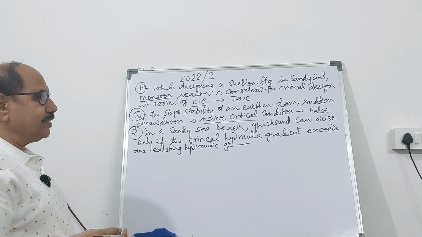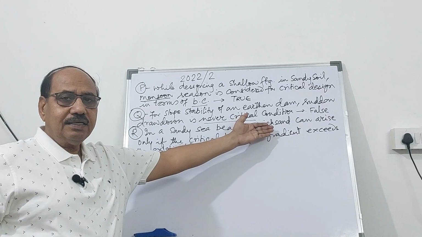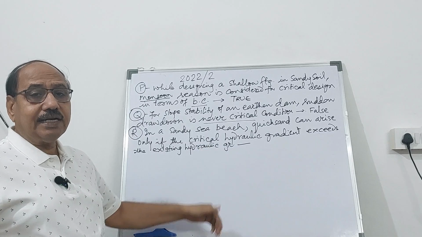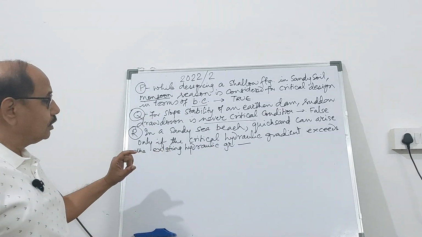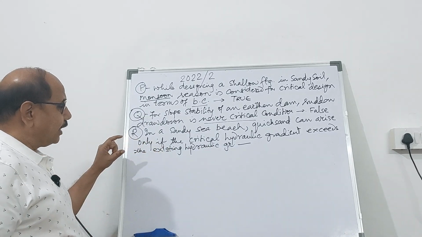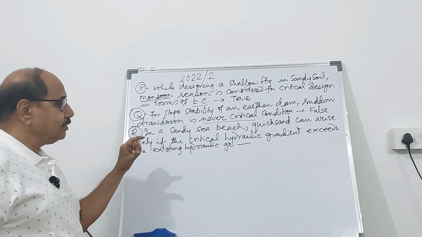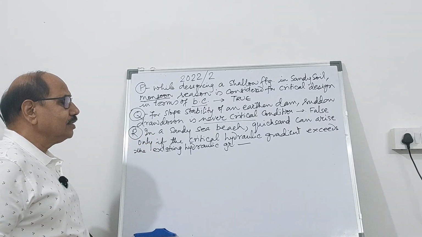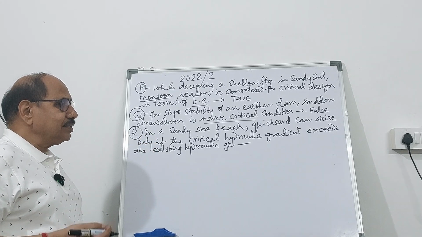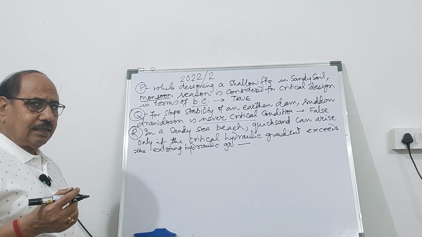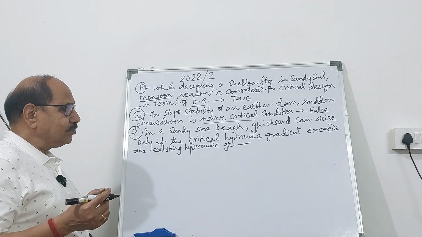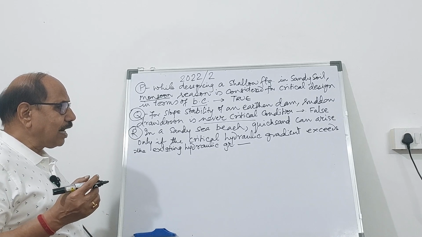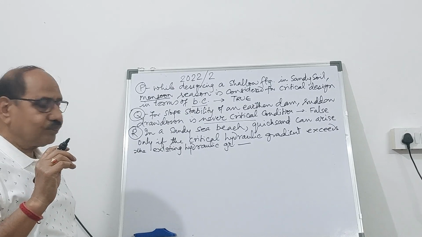So you can easily say that quicksand is a condition. And you know, the hydraulic gradient depends upon delta H divided by L, that is, the head loss divided by the length. And when this becomes almost equal to 1, the critical hydraulic gradient becomes 1.